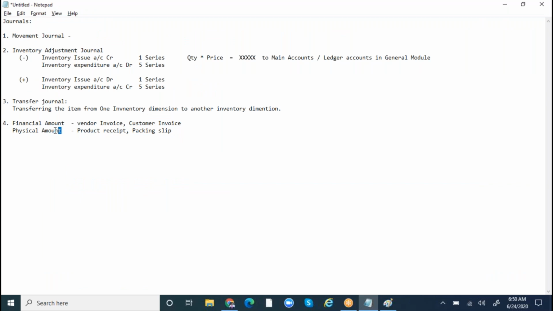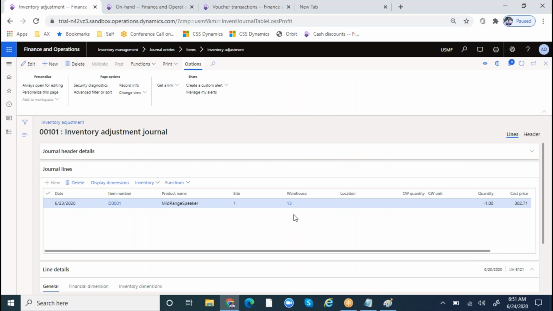This is the physical amount posting, this is the financial amount posting. In the sales process and purchase process, this kind of process will be there. But for inventory adjustment, giving the inventory item and after that doing an invoice, that kind of process will not be there, because in one shot you are decreasing the value. So it will be together only. If you post, automatically it will be posted together.